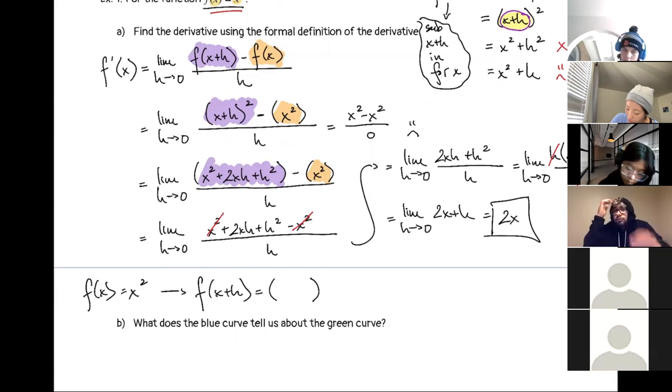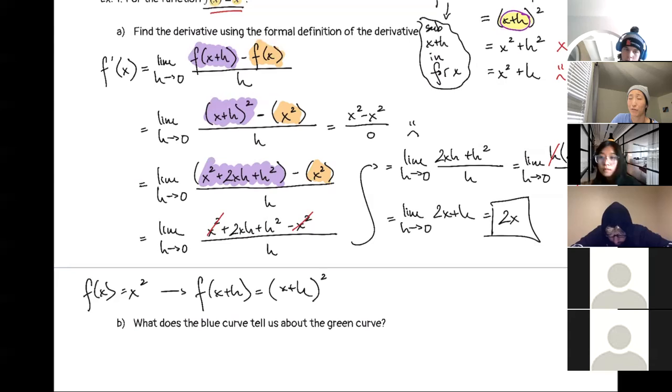So replacing it with x plus h and squaring it. Okay. Yeah, sorry, it was a very long and drawn out way of getting there. But basically, whatever the structure is, we're plugging in x plus h in there. Okay.